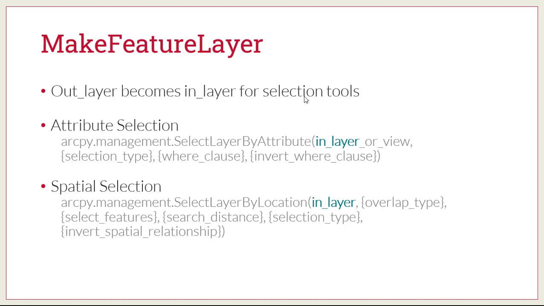So this is a preview. I just want to show you that the in layer that you're going to see on Select Layer by Attribute and Select Layer by Location is going to be a direct output of a Make Feature Layer run, a tool that comes before each of these tools as you move forward.